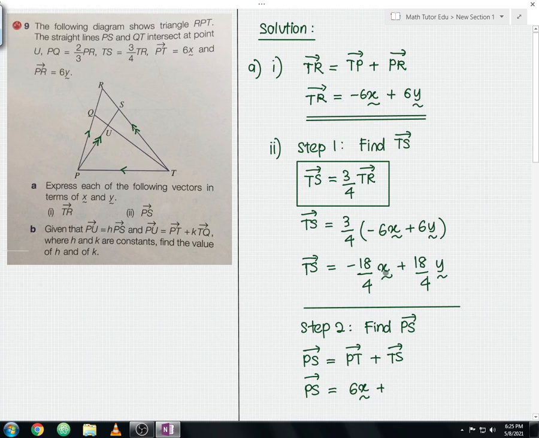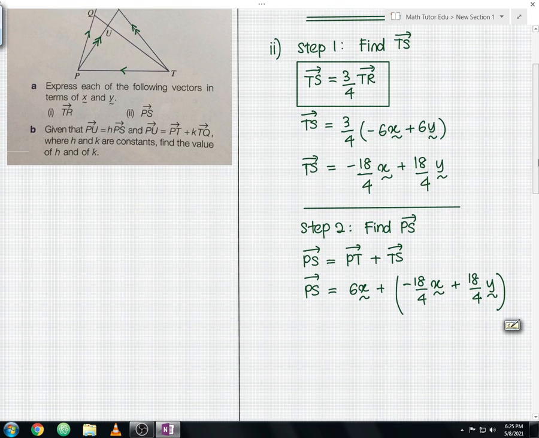We just substitute the vector value into the working here: negative 18 over 4 x plus 18 over 4 y, close bracket. So continue to solve this.